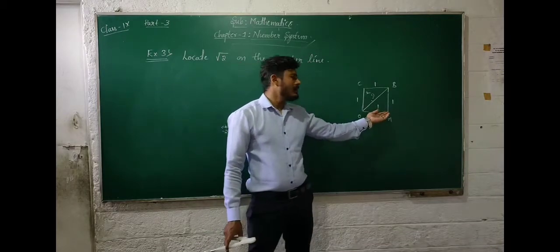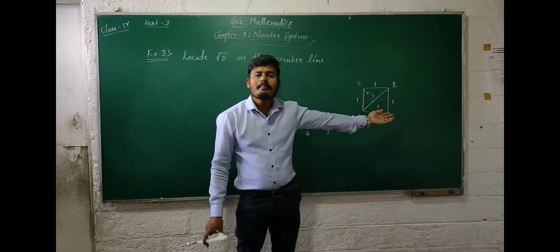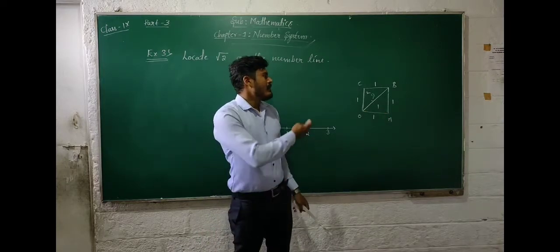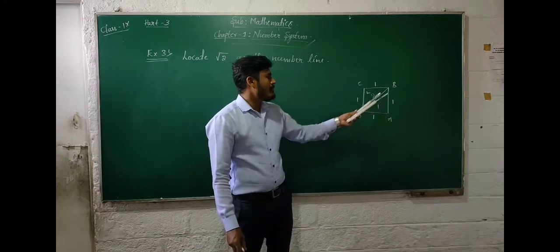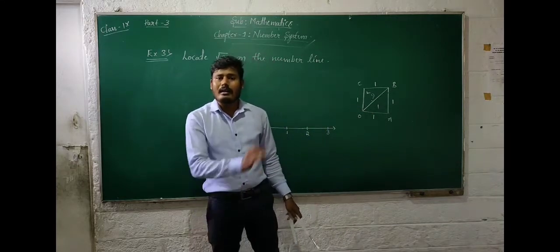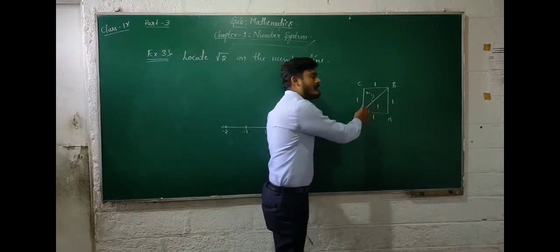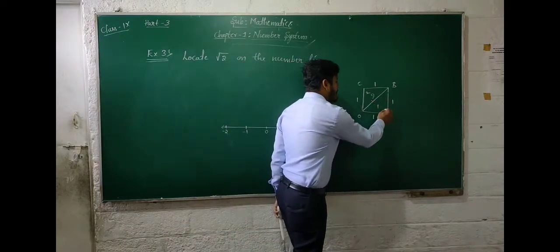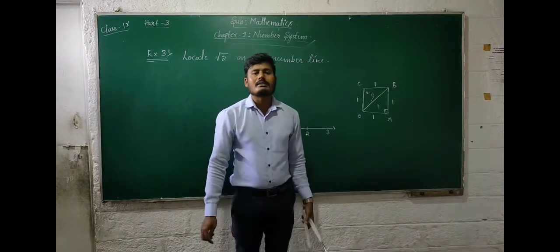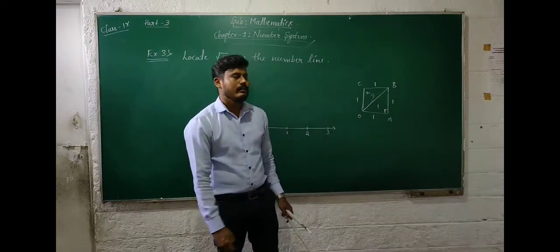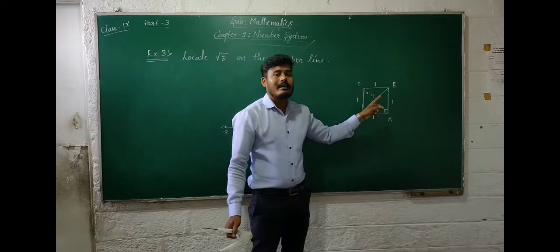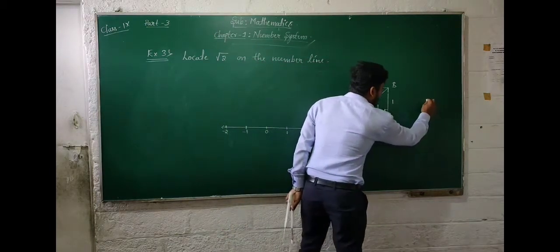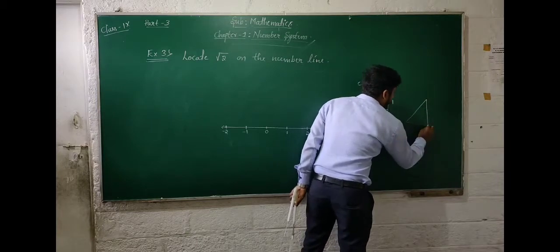So identify which kind of triangle is here. It is very easy to identify which kind of triangle is formed by drawing a diagonal in a square. These two triangles are right angle triangles because in a square each and every angle measures a right angle, or 90 degrees. So consider one right angle triangle.